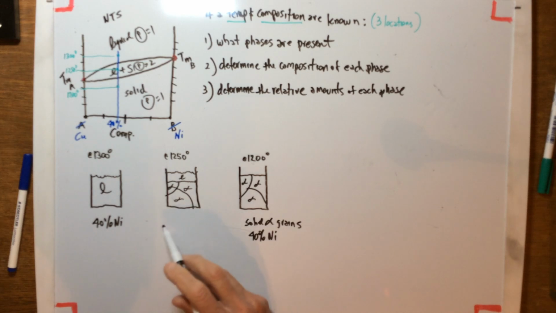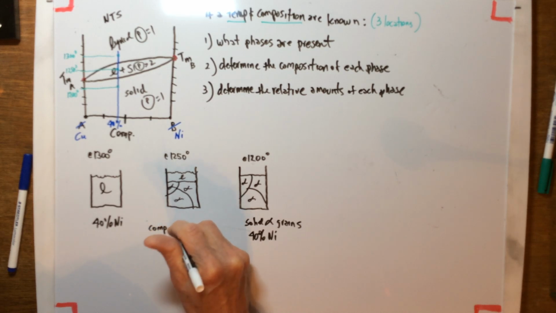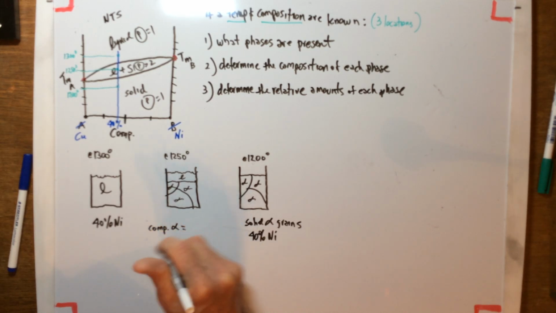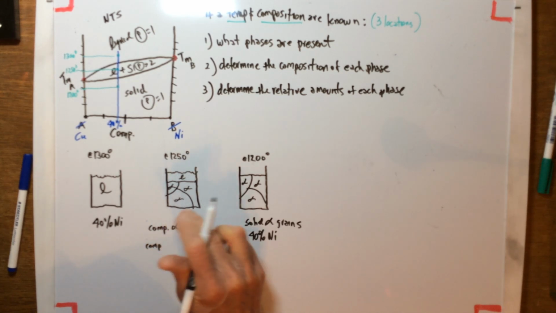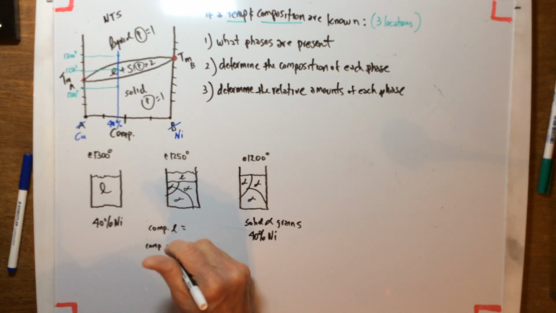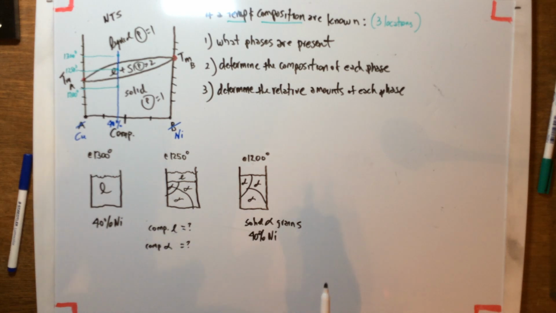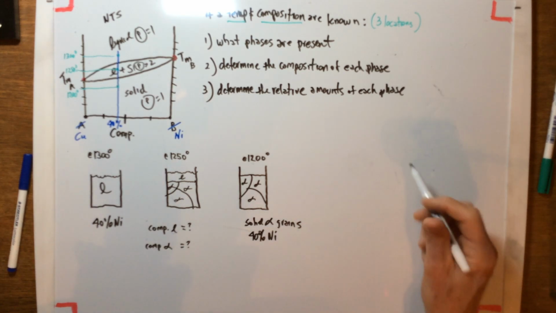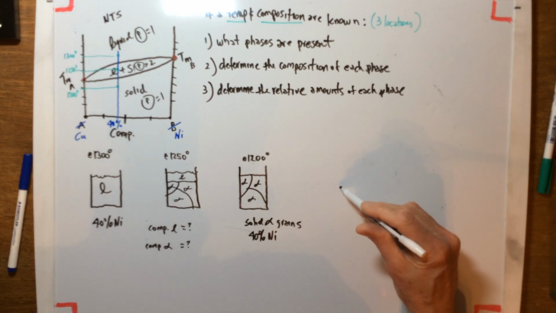So the question is, what is the composition of the liquid, and what's the composition of the solid? At this point, we don't know what that is. So here's where I'm going to come over here and draw a larger one right quick, kind of a view.